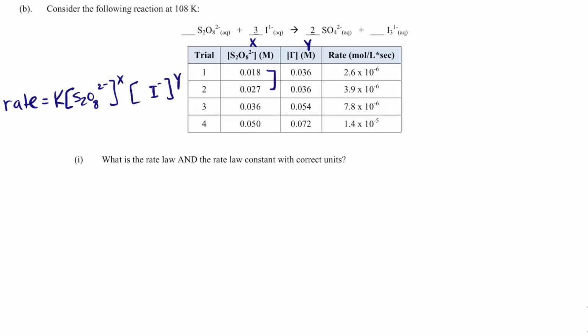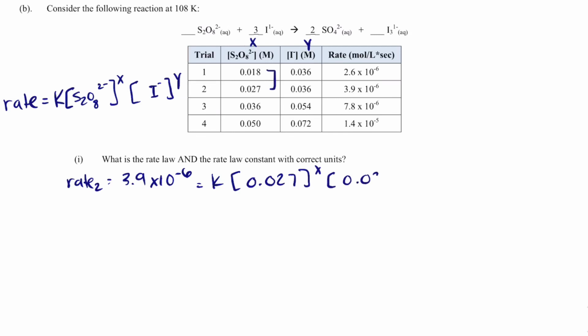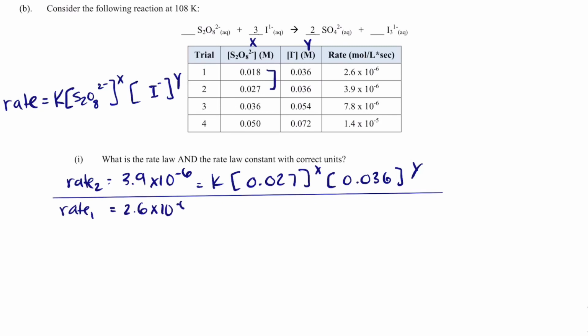So I'm solving for x first, and I'm going to put rate 2 on top. Rate 2 equals 3.9 times 10 to the minus 6, which equals k, 0.027 to the x power, 0.036 to the y power. Then I'm going to divide that by rate 1, which equals 2.6 times 10 to the minus 6. I should really include the units, to make sure my work is as good as it can be.